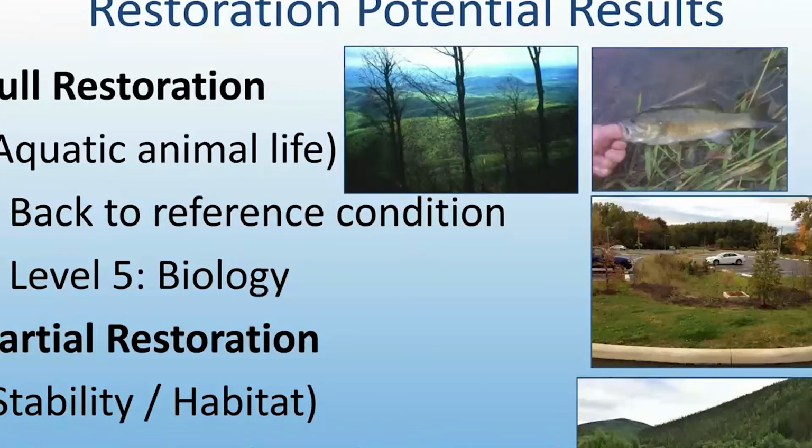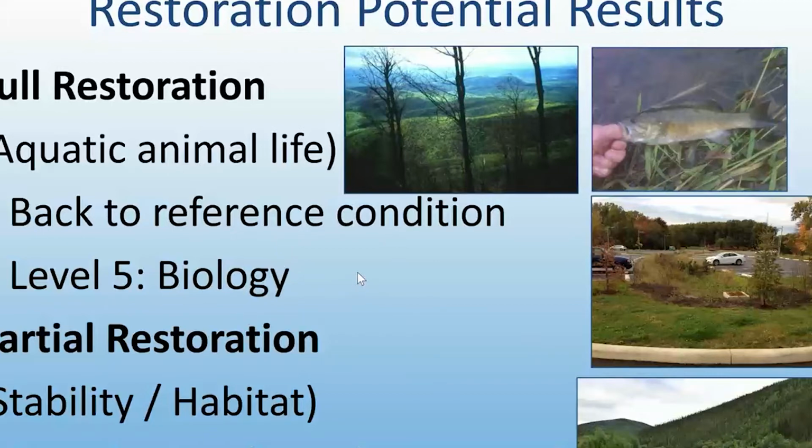So in the SQT, we sort of capture that whole thought process by having people determine the restoration potential is full restoration. And I'll just go ahead and spoiler alert, these projects are few and far between. To have full restoration potential means you are communicating that you believe you can take this stream back to reference condition for biology.